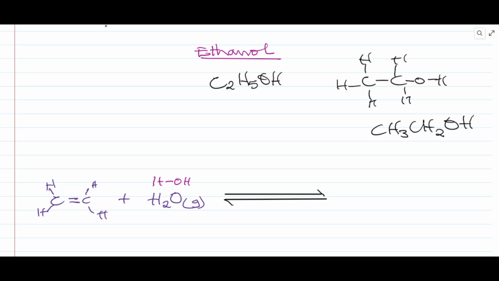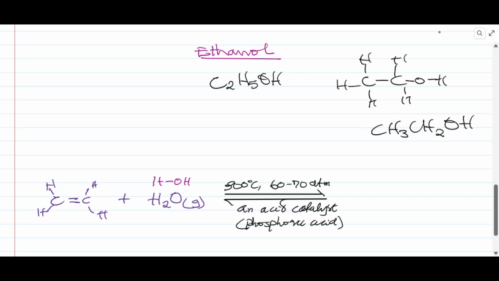The first thing is the temperature, which is 300 degrees centigrade, and then the pressure, which is between 60 and 70 atmospheres, and then the catalyst, which is an acid catalyst. The name of the catalyst used here is phosphoric acid. These conditions are very important. You need to mention them if you are asked to write the equation for the making of ethanol from ethene.